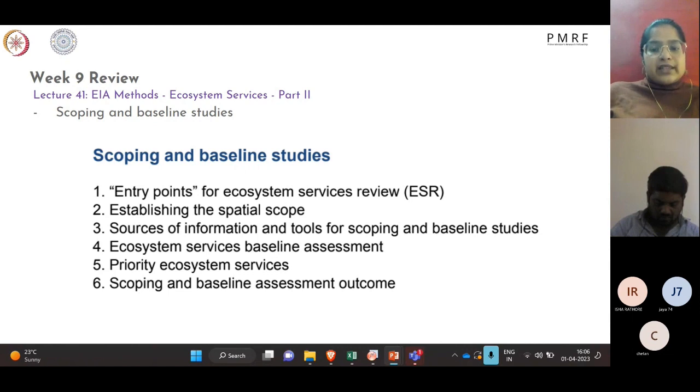That is, you need to decide the methods which you will use for doing the ecosystem services review. And you also have to develop your ecosystem service baseline assessment and look at priority ecosystem services. We will look at these in the next few slides. And finally, we decide the scoping and baseline assessment outcome.